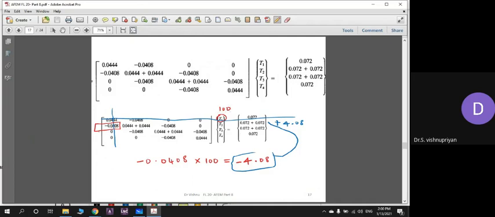So if you multiply minus 0.0408 with 100, you get minus 4.08. This minus 4.08 should have been here, but we removed this number, which is not correct. So what we do, we put this number back here, this side, but with a plus sign.